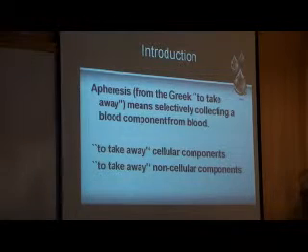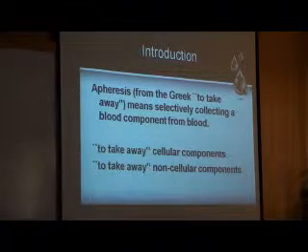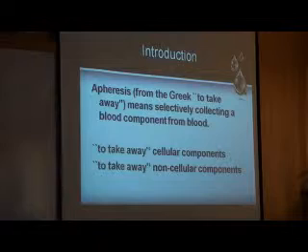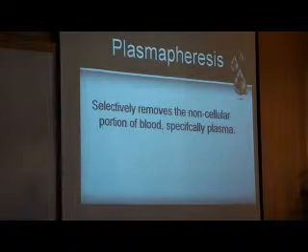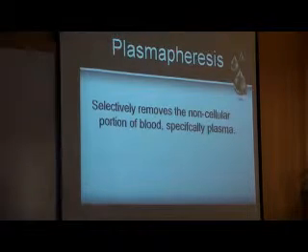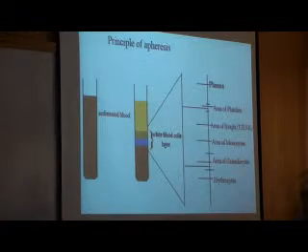Let's start. As Dr. Noha said, apheresis means to take away. What are we going to take away? We are going to take away either cells by cytopheresis or plasma component by plasmapheresis. I was asked about the basics of apheresis by some of the undergraduate students here. The idea is that blood is not homogeneous.